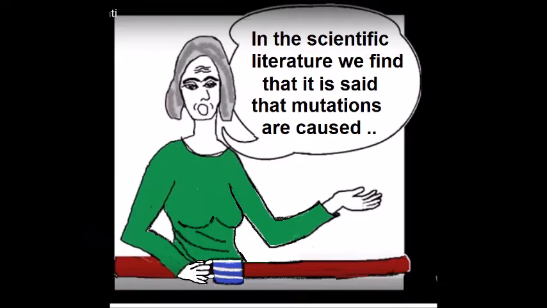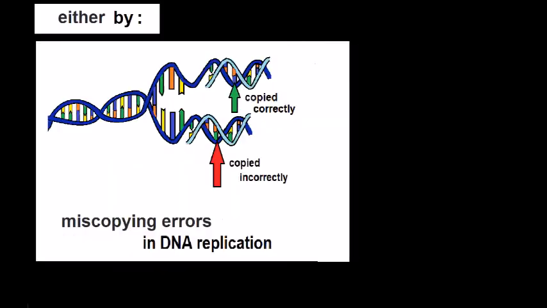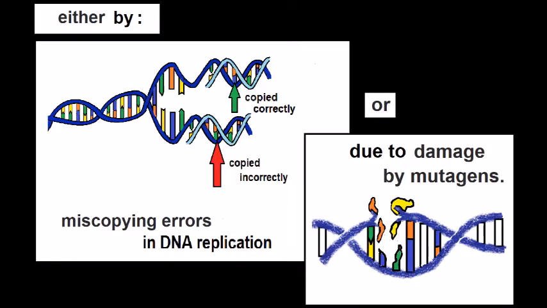In the scientific literature, it is said that mutations are caused either by miscopying errors in DNA replication or due to damage by mutagens.